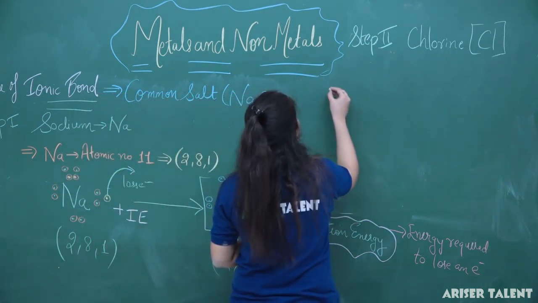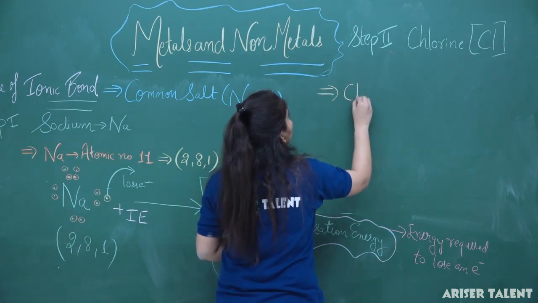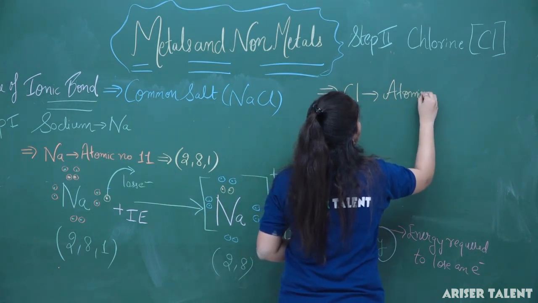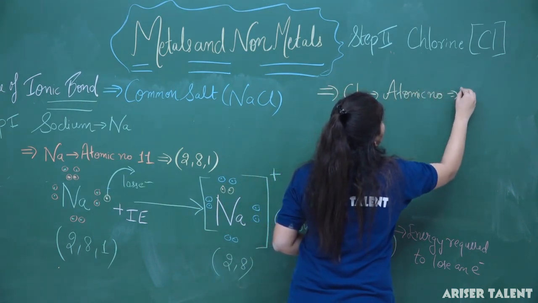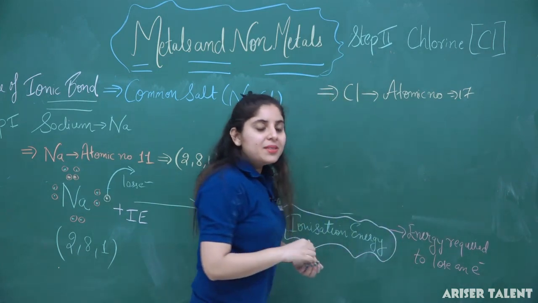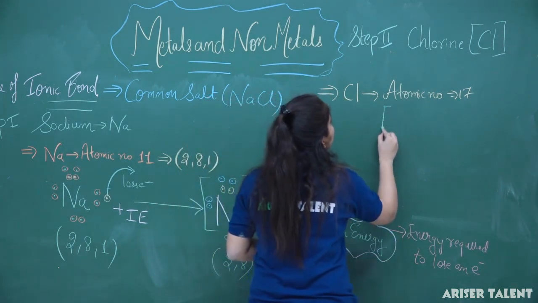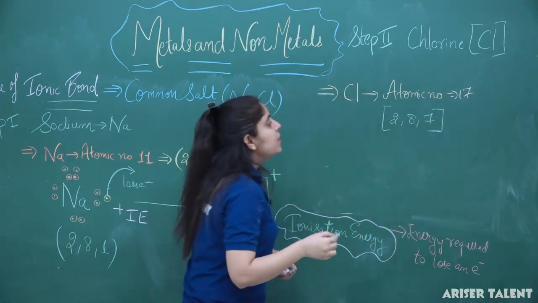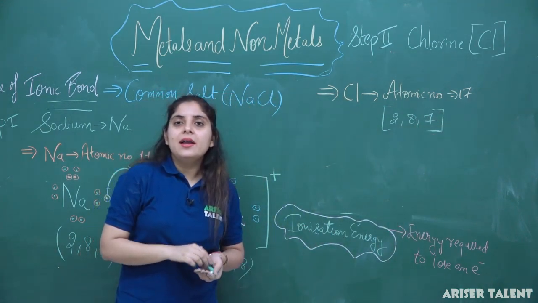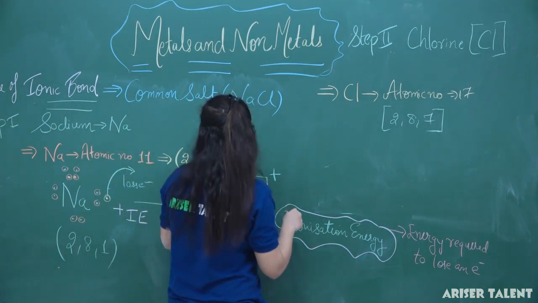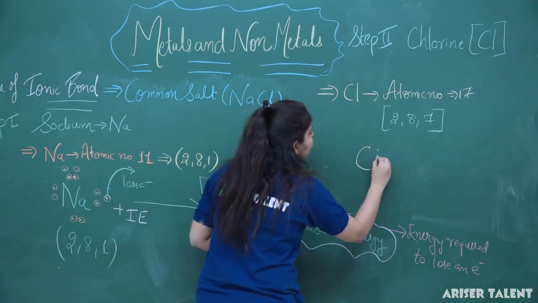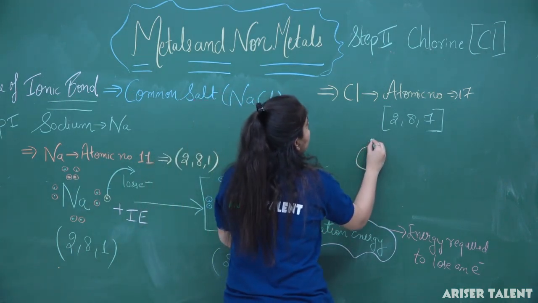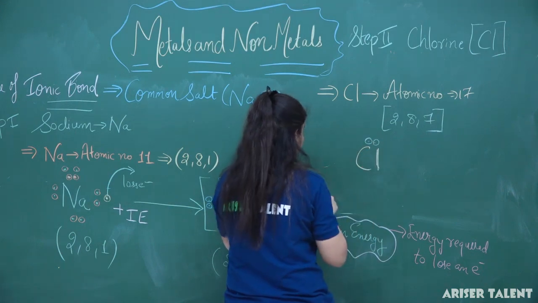So what we are going to do here, firstly this is chlorine. It has atomic number 17. For atomic number 17, we have an electronic configuration that is 2, 8, 7. Now, for this 2, 8, 7, we can see the electronic concept by drawing electrons. We have taken chlorine. That chlorine will have 2 electrons.